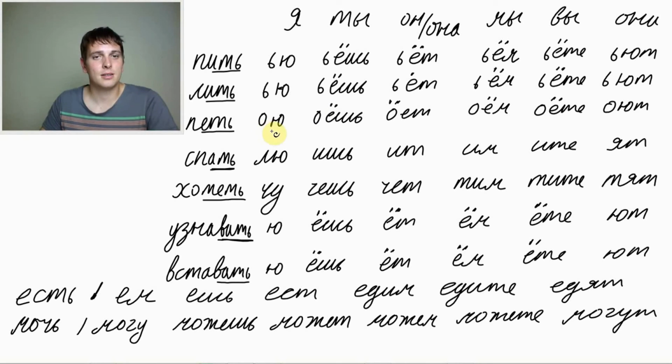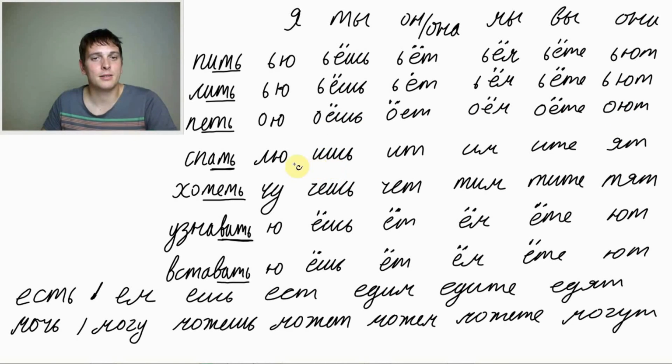Now to sing. How would you say I'm singing? Я пою. You are singing in singular. Ты поешь. We are singing. Мы поем. And they are singing. Они поют. Now to sleep.